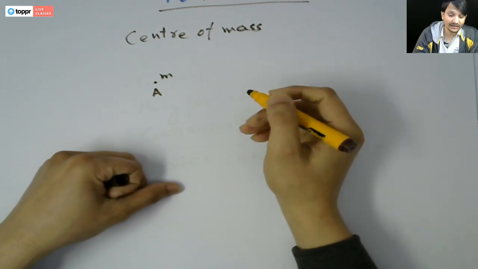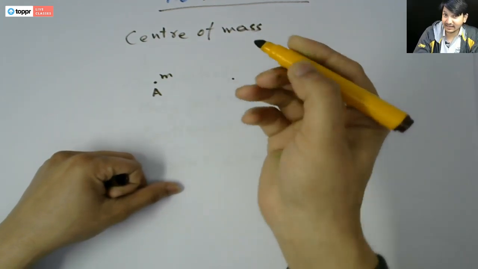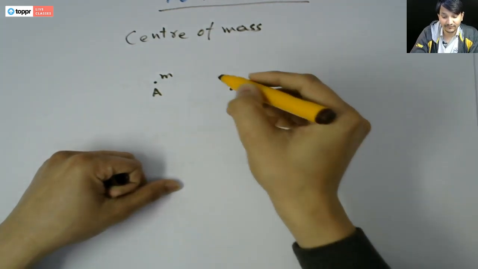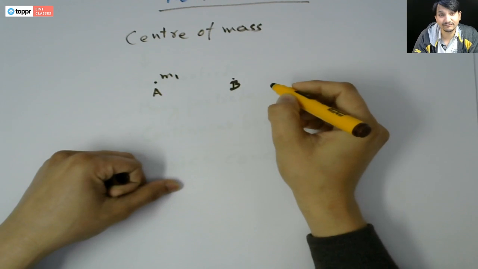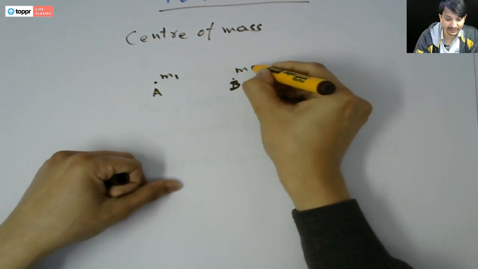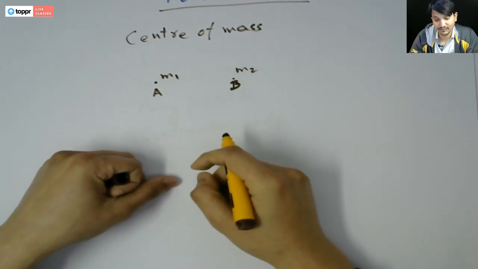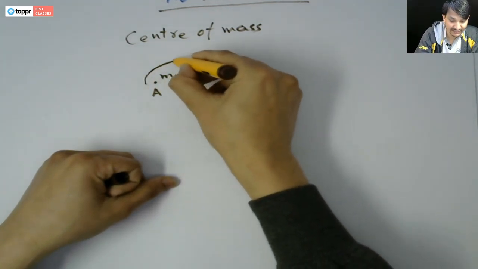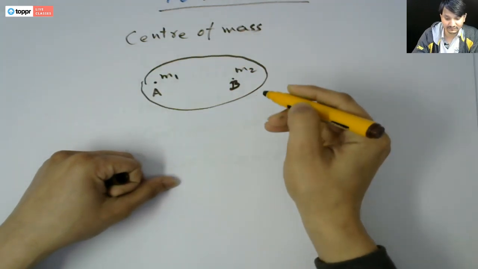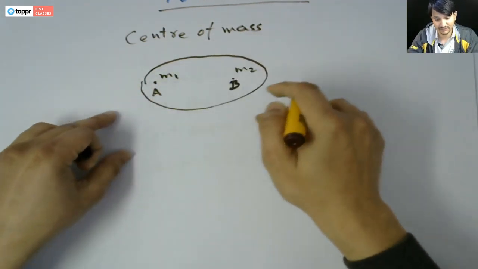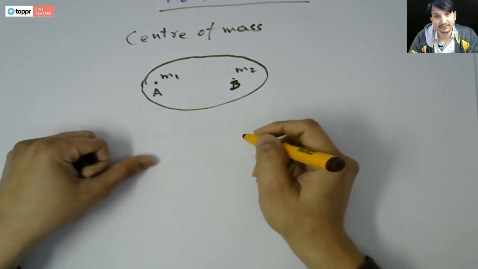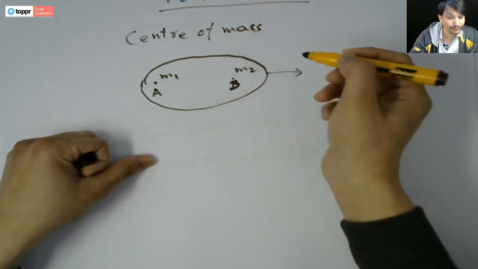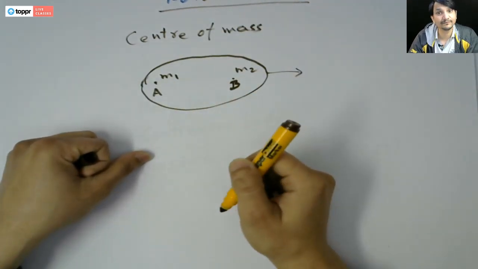What happens when there are two bodies? Again, we are assuming a body with a point mass. One has mass m1 and another has mass m2. If I'm assuming that they are inseparable, there is no continuity in this mass, but they are not separable. And if I'm pulling this thing or pulling that thing, how will this thing behave?